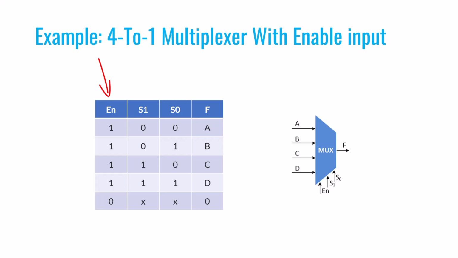According to the truth table, if the enable signal is set to 1, the multiplexer functions as before. That is, based on the value of S, one of the inputs A through D is connected to the output. But if enable is 0, regardless of the values of S0 and S1, the output signal is set to 0.